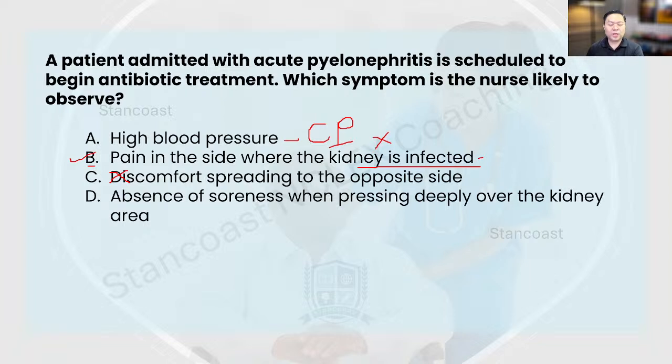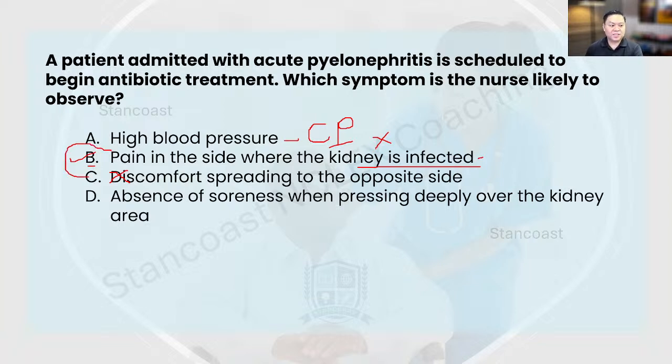So what we're going to expect in a patient is going to be that costovertebral angle tenderness, especially when we are palpating that area. And this is supposedly present, okay, because of the inflammation already going on inside the renal parenchyma. So we are only left with the correct answer, letter B.